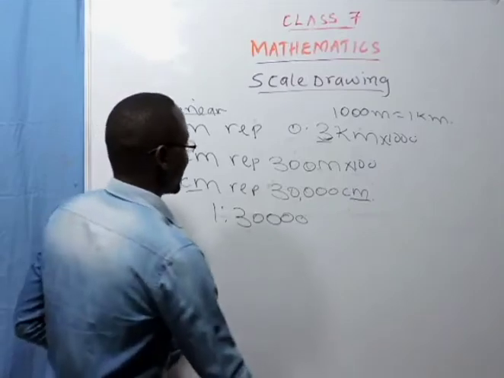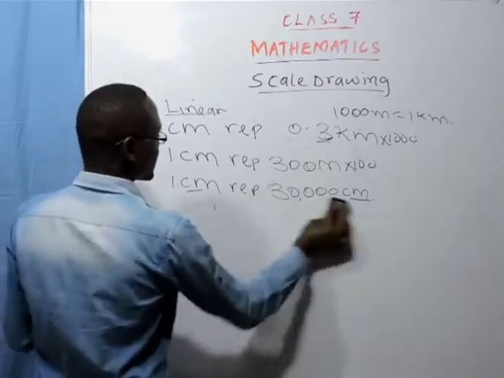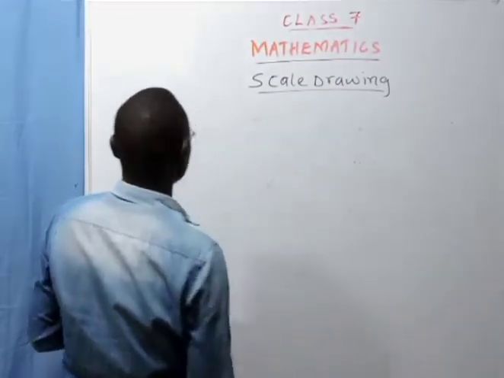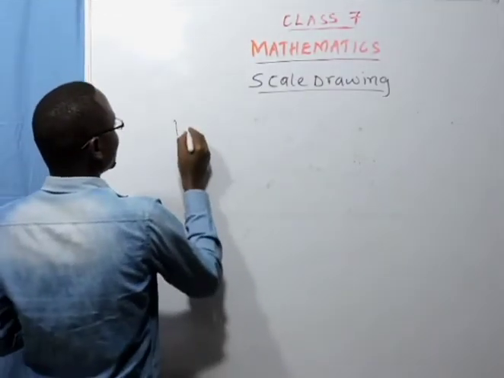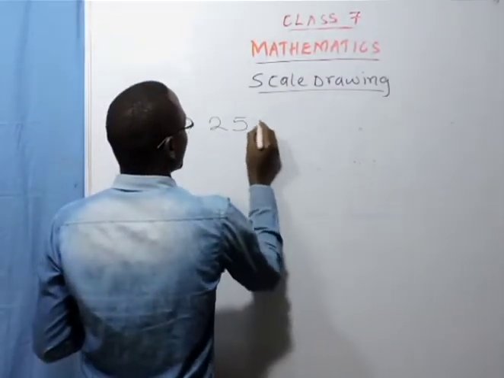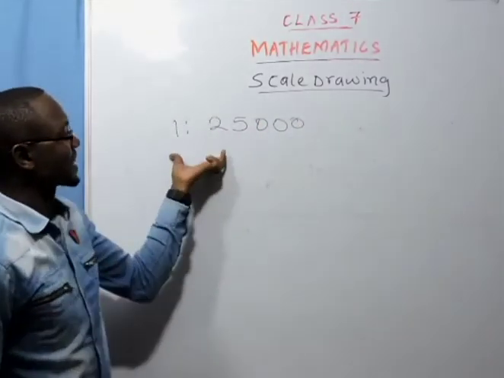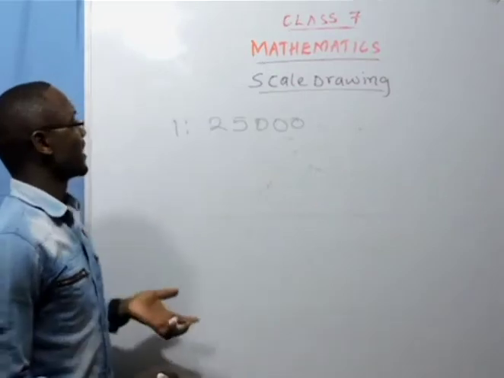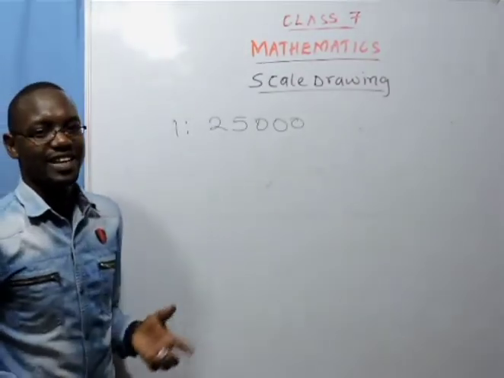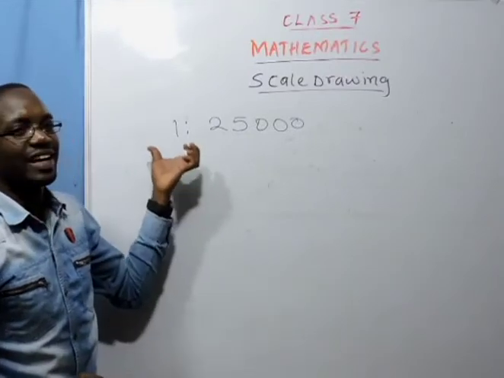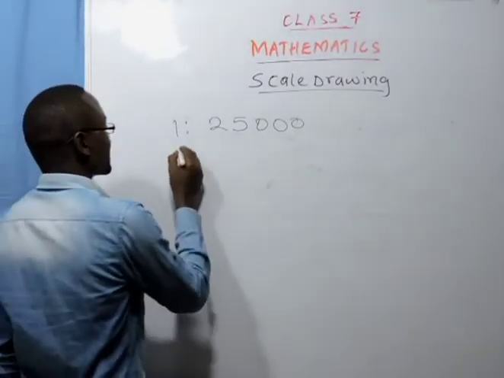We can also write a ratio scale as a linear scale. For example, the scale in ratio form, 1 is to 25,000. You are told to write that scale in the form of a linear scale. So 1 is to 25,000. We start from the centimeters.